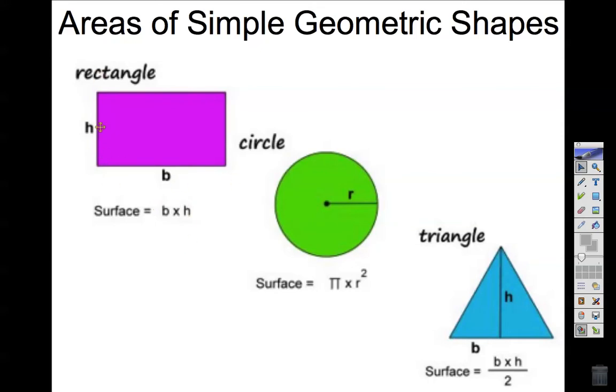In a circle, its surface area is equal to pi times radius squared, or diameter over 2 quantity squared. And we have a triangle. In order to find the surface area, we have the height multiplied by the base, and then divide that by 2. Right? The base and the height need to be perpendicular in order to be considered base and height.